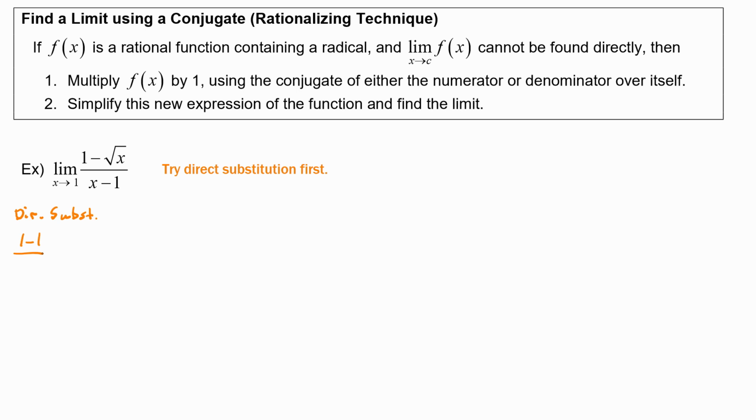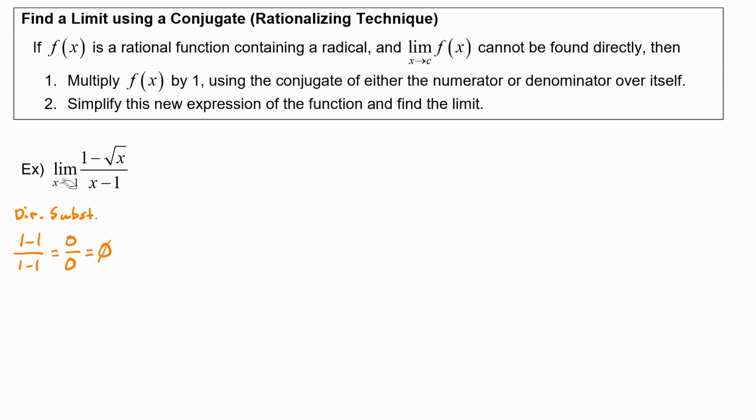If we put 1 into the denominator, we have 1 minus 1. This is 0 over 0, which is undefined. So that is our signal that we will need to do some work here.